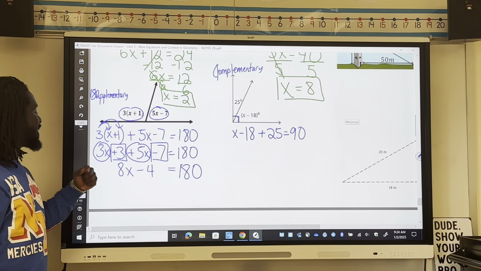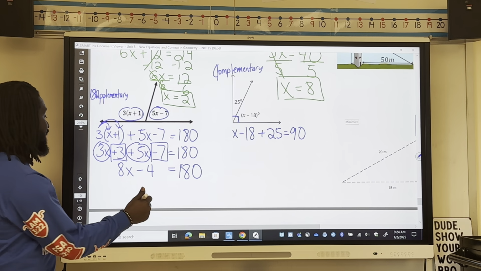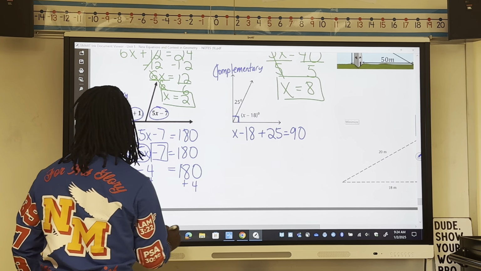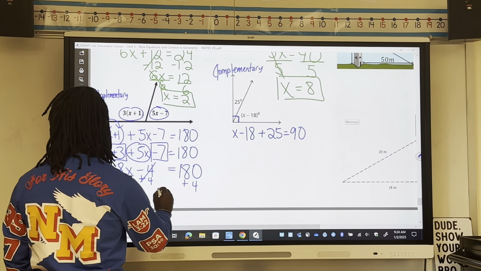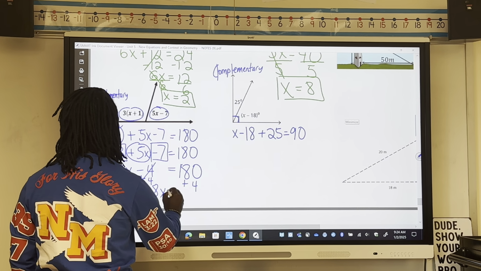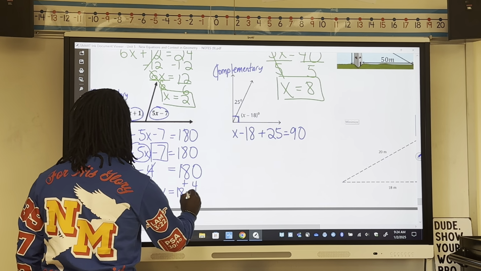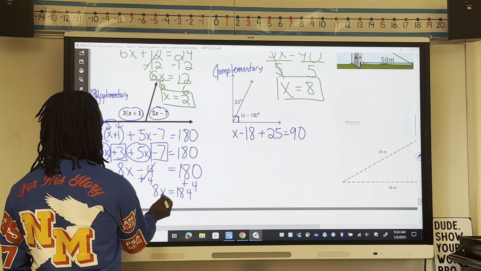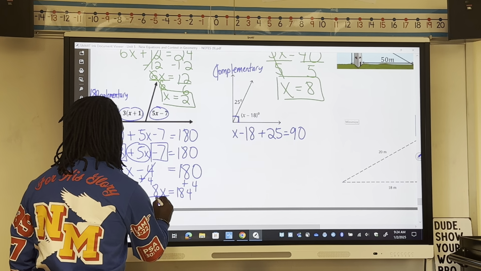And so I'm getting the x by itself. So I have to add the 4 to both sides. That cancels, and now I'm left with 8x equals 184. Okay. And so then I'm going to get the x by itself by dividing by 8.